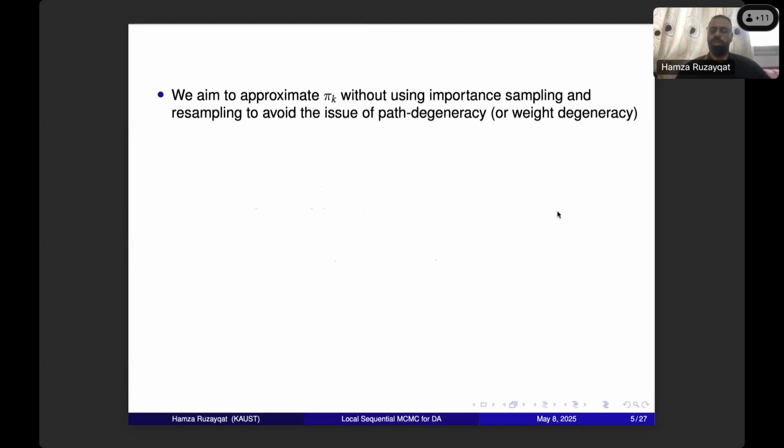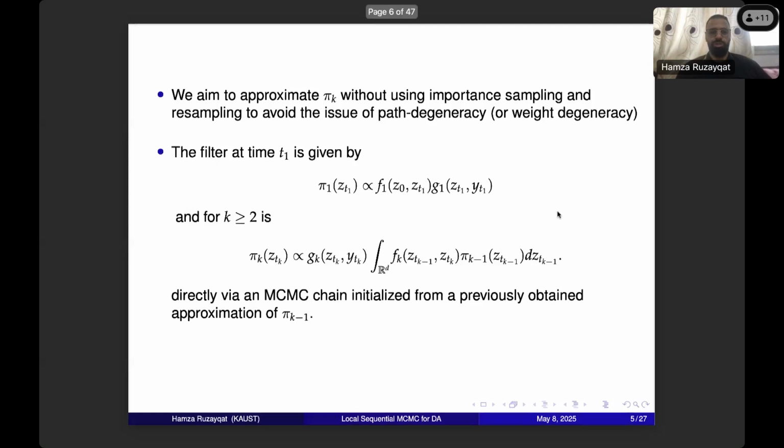In this method, we try to avoid using the particle filter or other methods where we have to do importance sampling and resampling, which generates weights. In this method, there are no weights, so we avoid the weight degeneracy issue, especially in high dimensions.